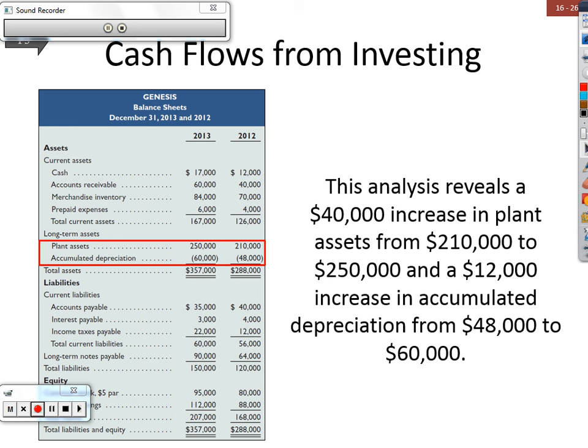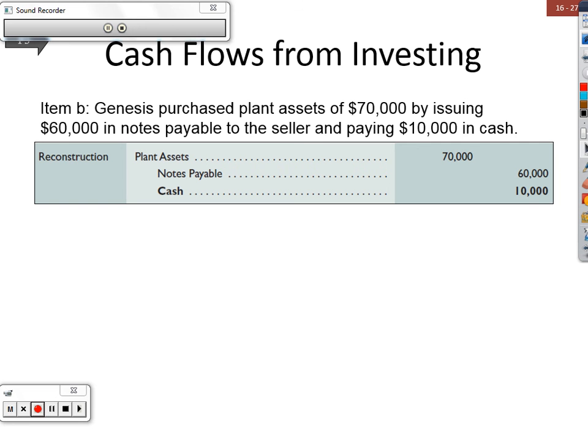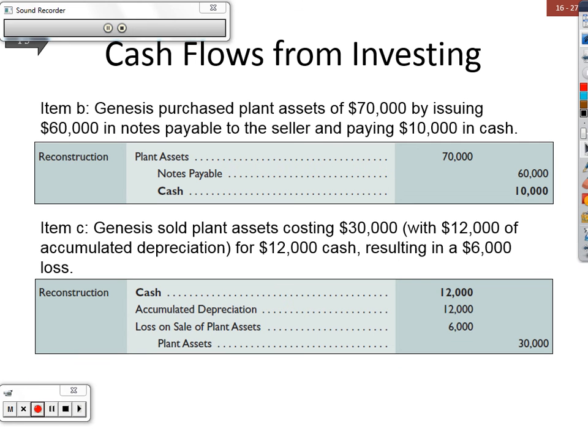Okay. So with that 12,000 difference, what they're trying to get you to explain is there was a 40,000 increase and a 12,000 increase in accumulated depreciation. And how do you reflect that in what we call reconstruction?